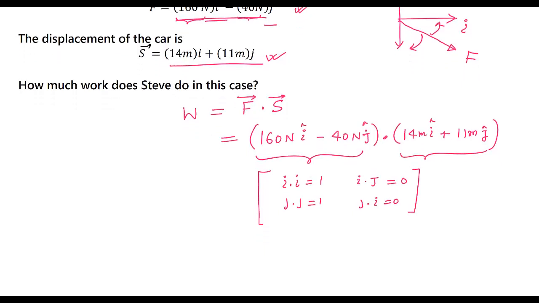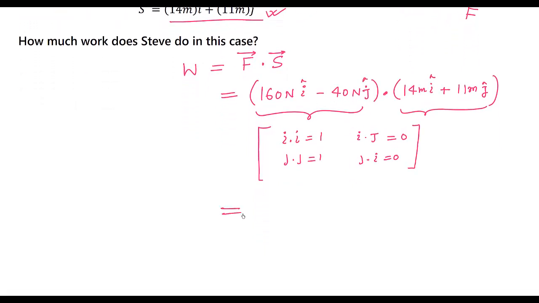So if I use this result, I can calculate work done. First, I multiply this term with this term. So we will have 160 into 14, and this is Newton meter. Then if I multiply this term with this term, it is going to be 0 because it is i dot j. So the second term is 0.